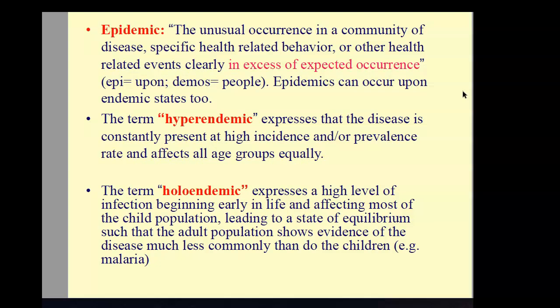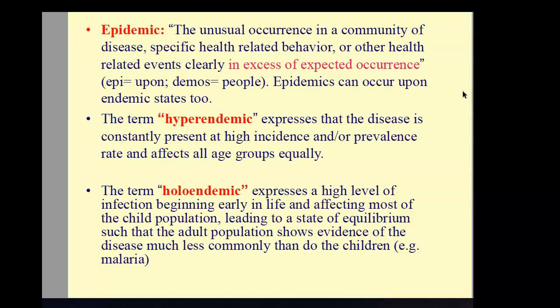An epidemic is usually the occurrence in a community of a disease, a specific health-related behavior, or an event that is clearly in excess of the expected occurrence. These can be divided into hyperendemic or holoendemic. A hyperendemic is expressed when the disease is constantly present at a high incidence or prevalence rate and affects all age groups equally.